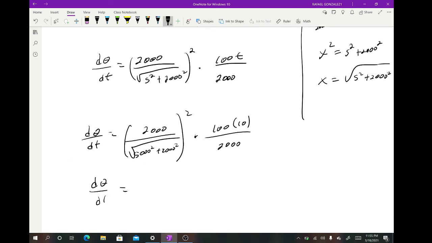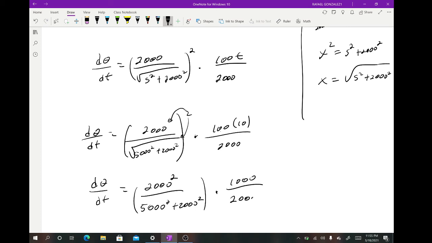I'm going to move the square to the inside, so it's going to be 2,000 squared up here. And then the square is going to cancel out the square root down there. So we're going to have 5,000 squared plus 2,000 squared, times 100 times 10, that's 1,000, divided by 2,000.